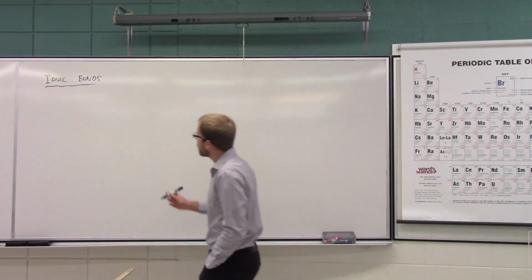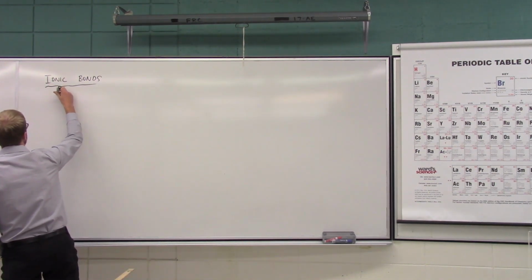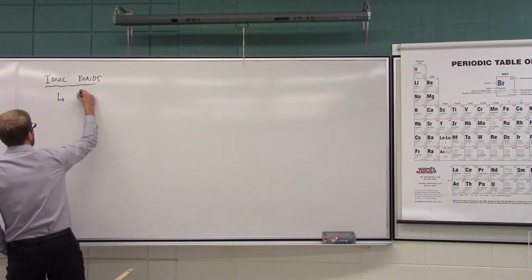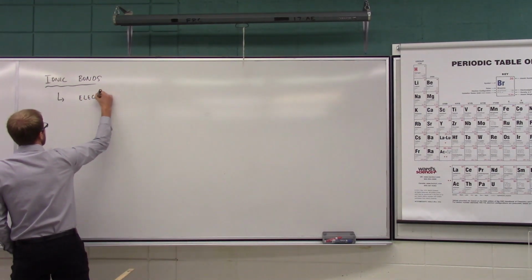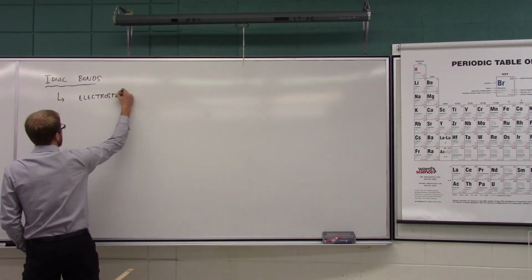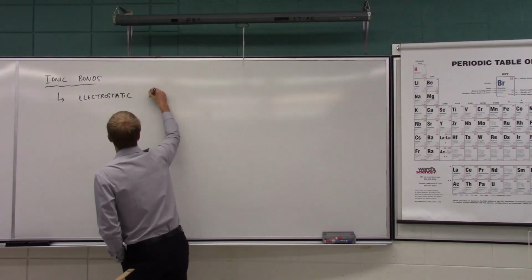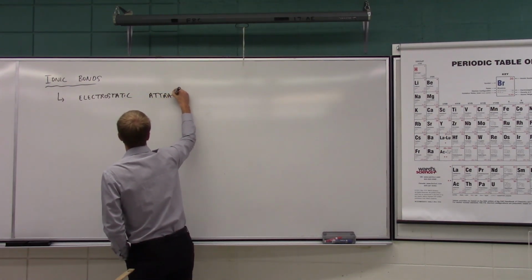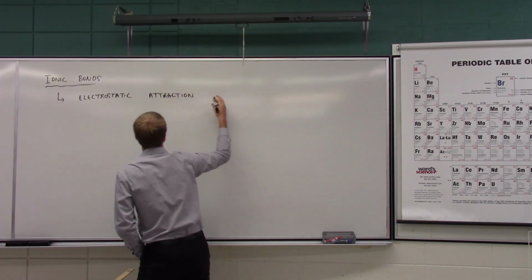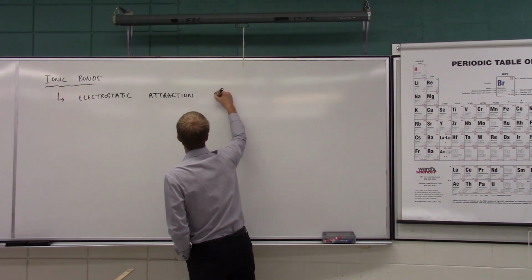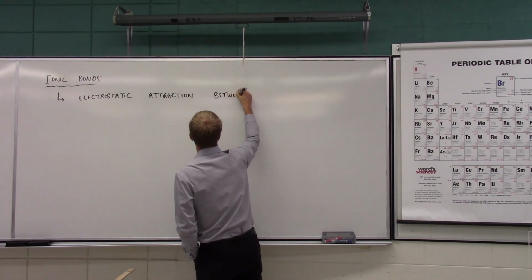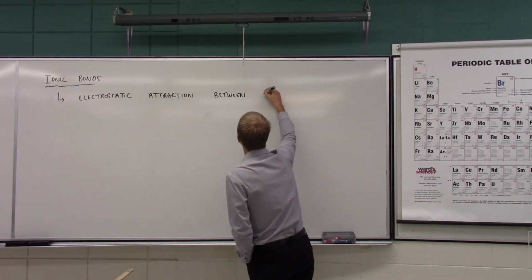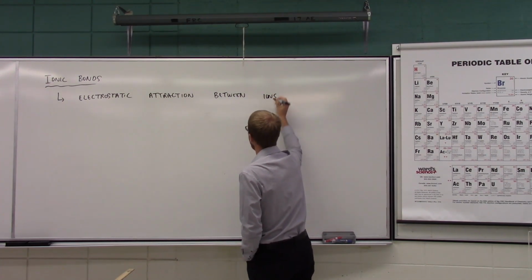So an ionic bond is the electrostatic attraction between ions.